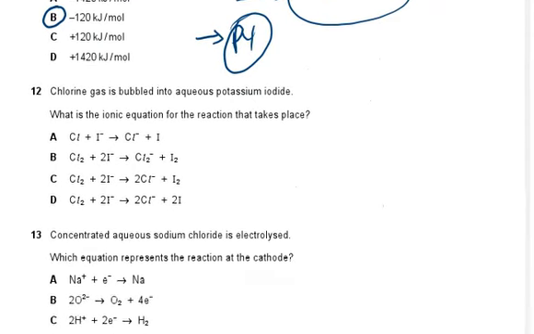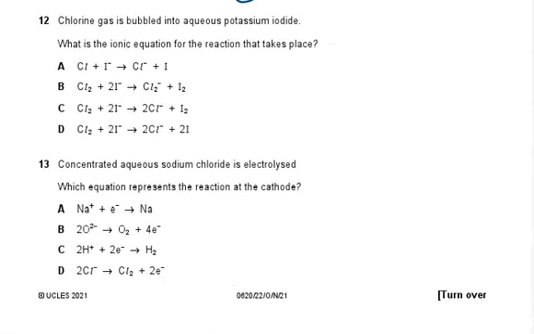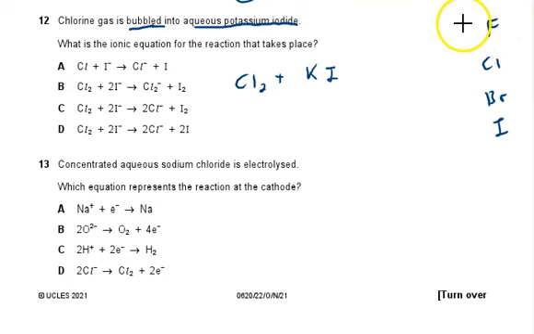Now for chlorine. Chlorine is bubbled into aqueous potassium iodide. So you have chlorine gas and potassium iodide. Remember, fluorine, chlorine, bromine and also iodine. Fluorine is the most reactive, and iodine is the least reactive.